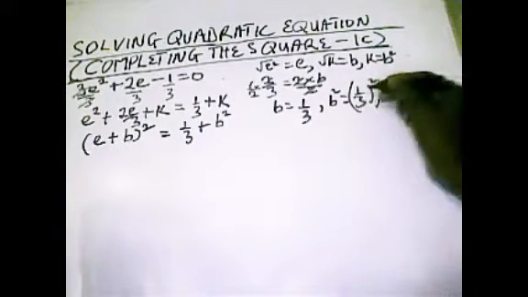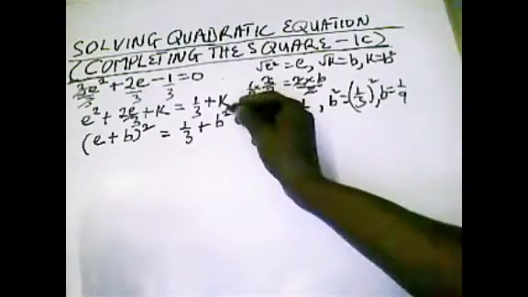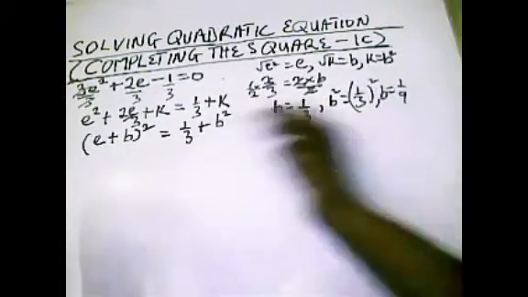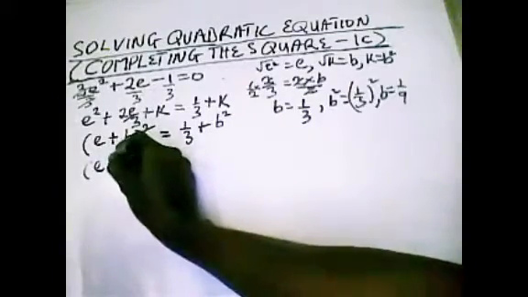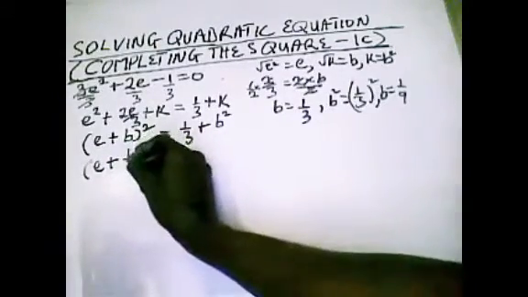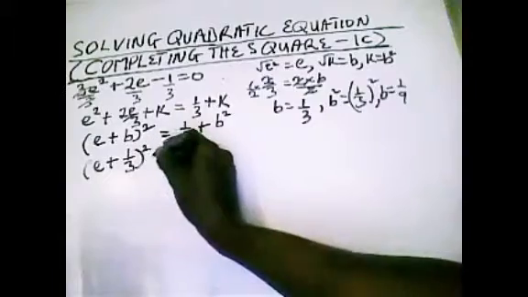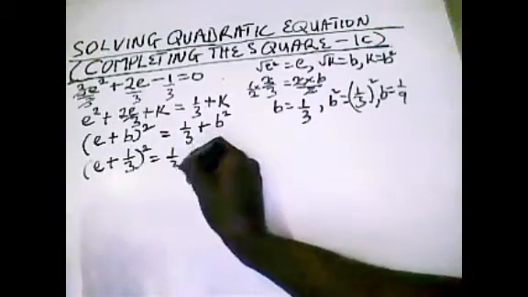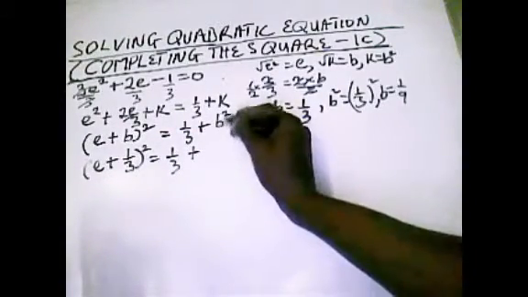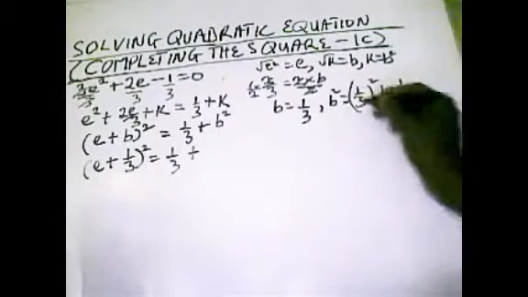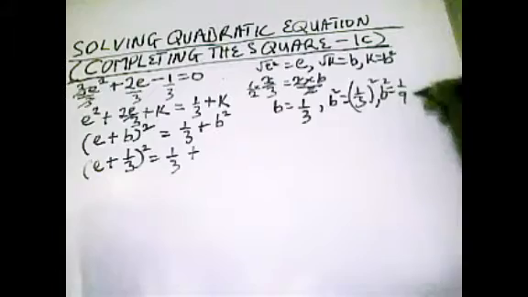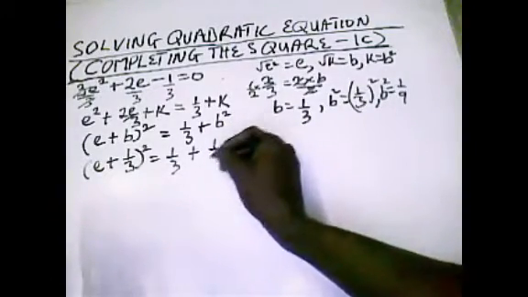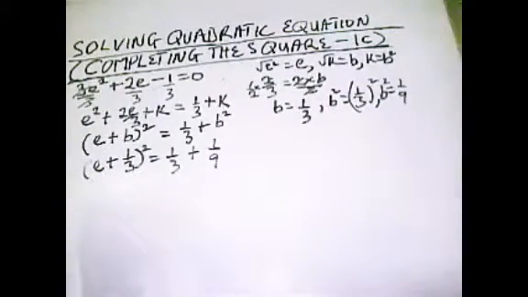I just have to do it very fast so that we can meet up with our time. So let's insert everything we've done into this equation. Here we have e plus b, which is 1 upon 3, all squared, equals 1 upon 3 plus, don't forget, b squared, which will give us 1 upon 9. I hope you are catching up with what I'm solving on the board.